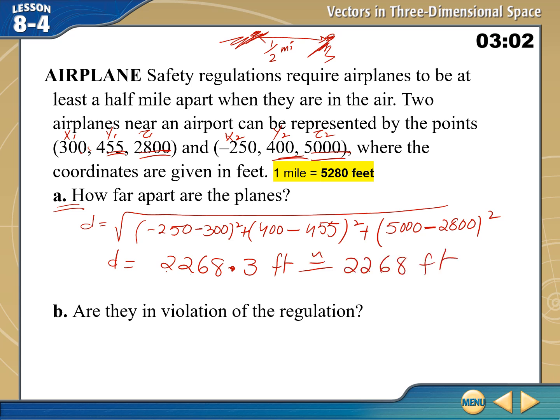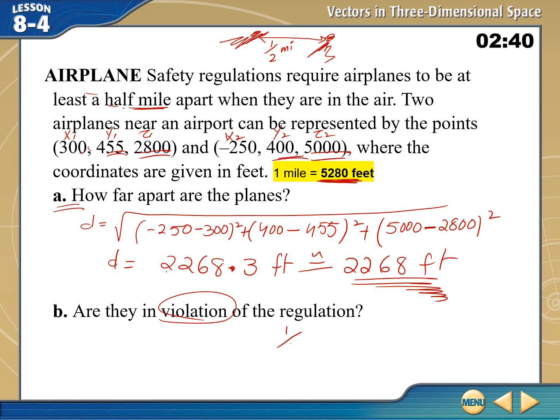Now, are they in violation of the regulation or not? According to the safety regulations rule, they should be half a mile apart. Now, 1 mile is 5280 feet, and our answer should be in feet.